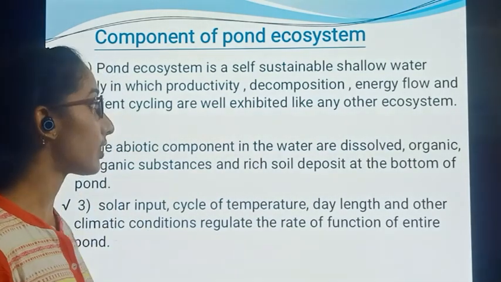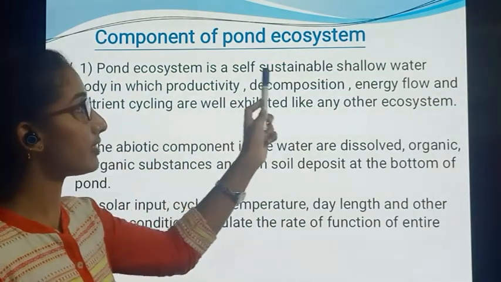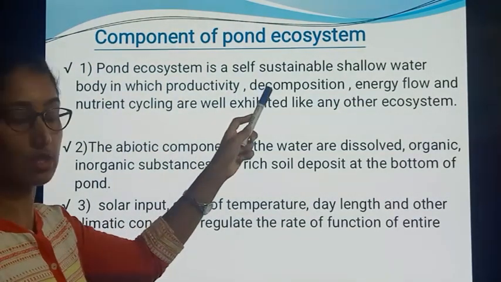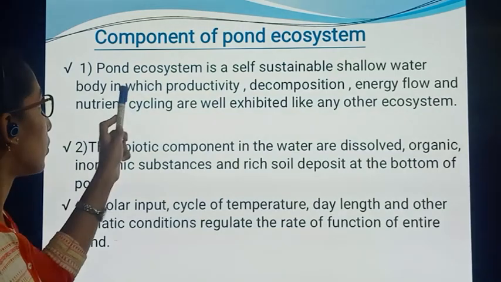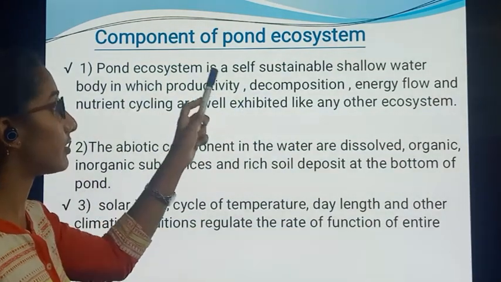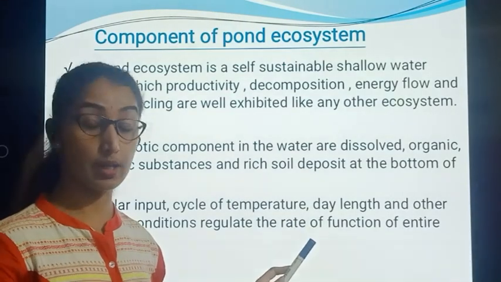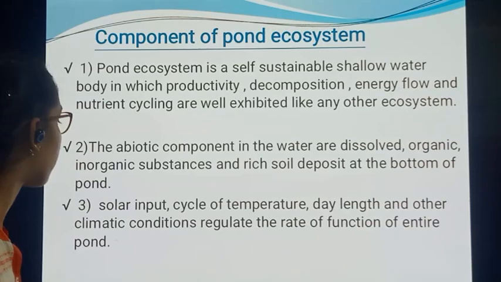But the advantage of the pond ecosystem is that all these activities, productivity, decomposition, energy flow and nutrient cycling, will be exhibited very well comparatively to the other ecosystems.